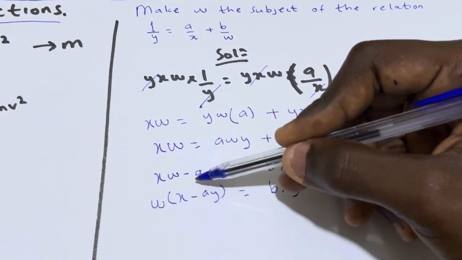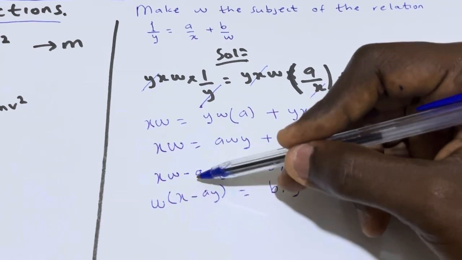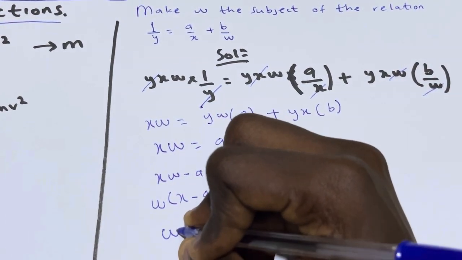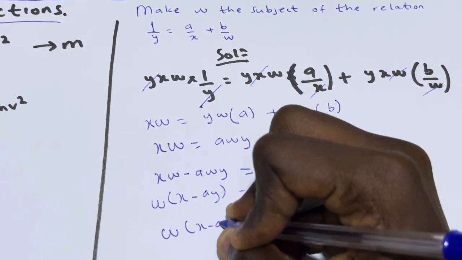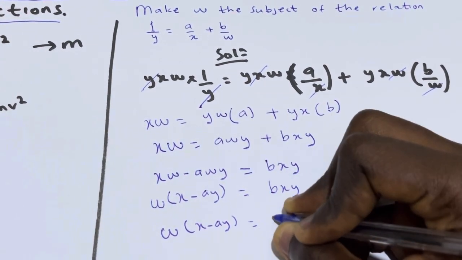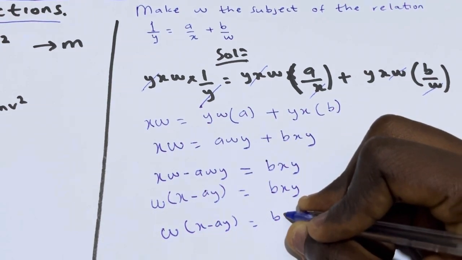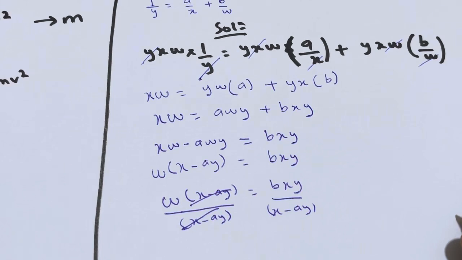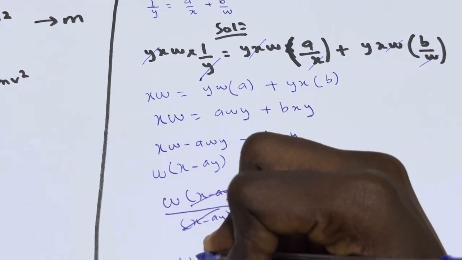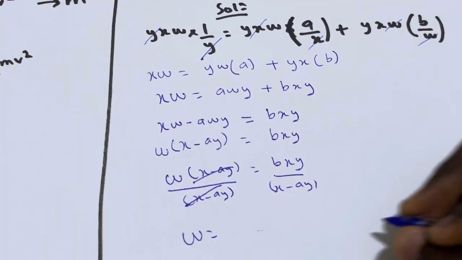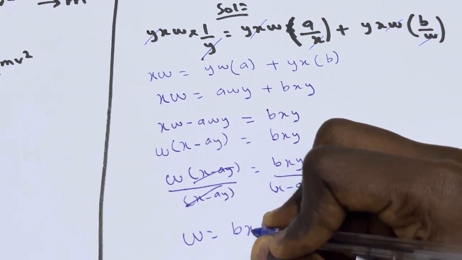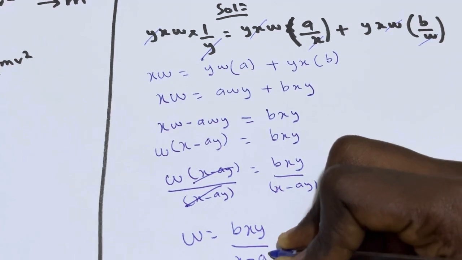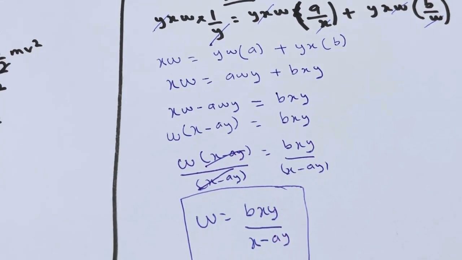Multiplying negative aw by y, you have negative awy. So you have to then divide both sides by what's in the bracket here. Cancel out. And then I write our final answer to be w equals bxy over x minus ay. That's everything in this equation.